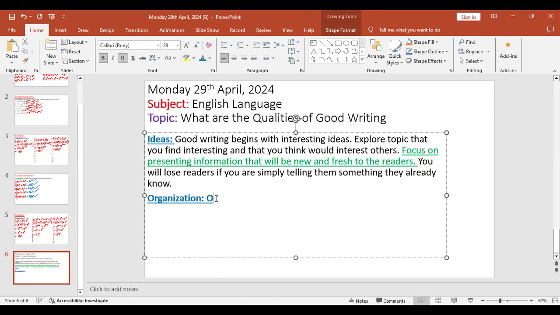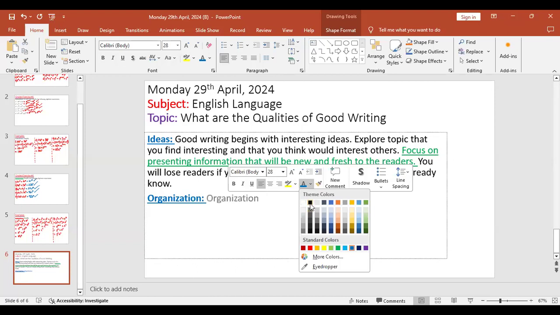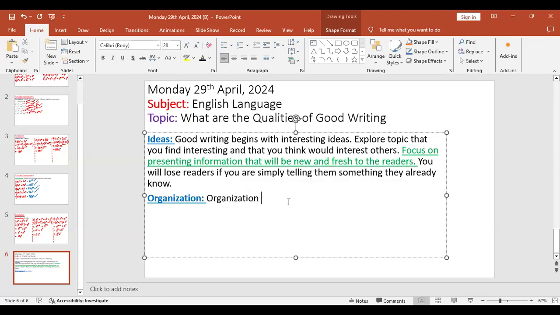So organization refers to how you put together the information that you're trying to present.